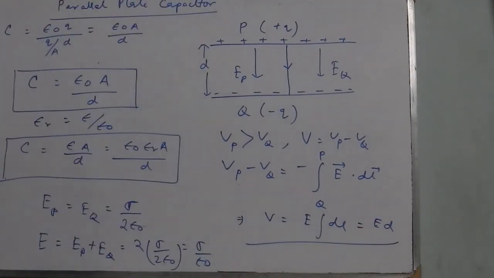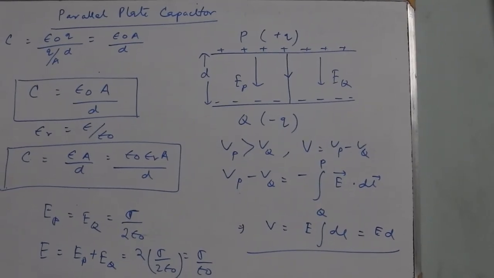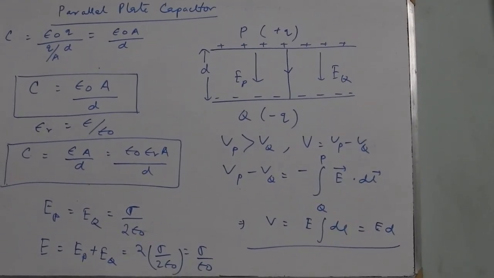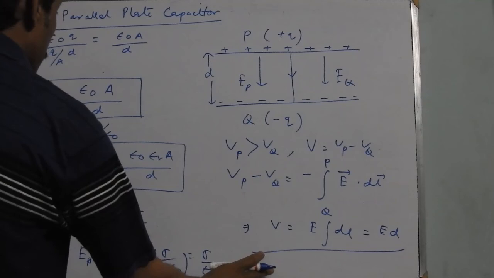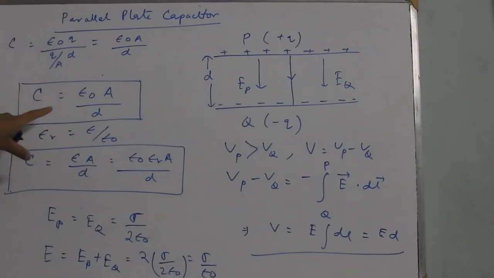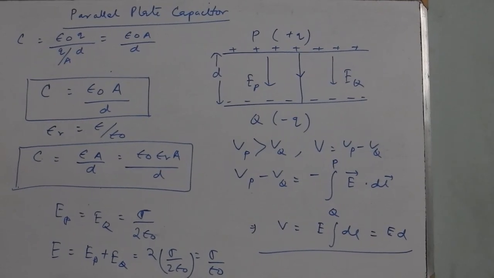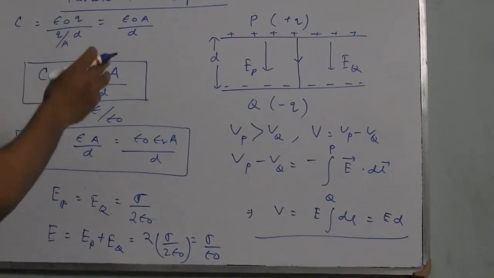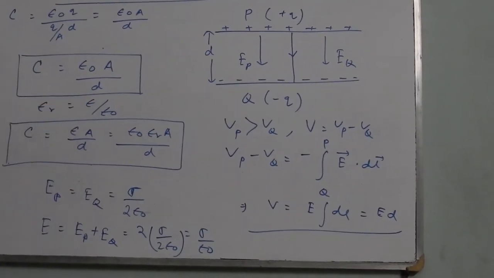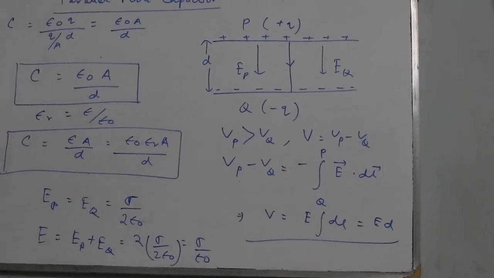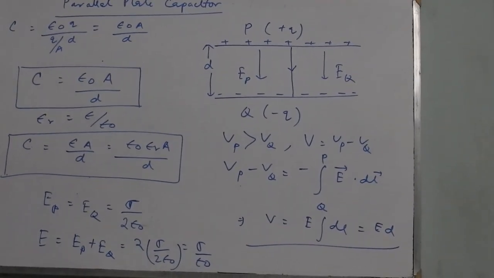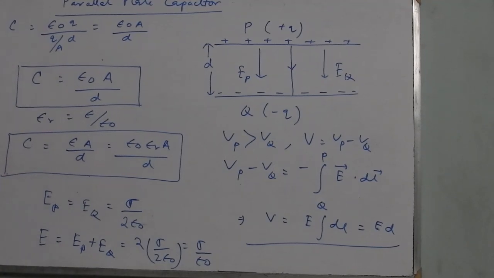The same result can be obtained from the concept of the line integral also. So ultimately what we realize is that the capacitance is epsilon 0 A by d. It is independent of the charge deposited on it. It is independent of the potential difference between its plates. It just depends upon the dimensions of the plates and the medium in which the plates have been kept.